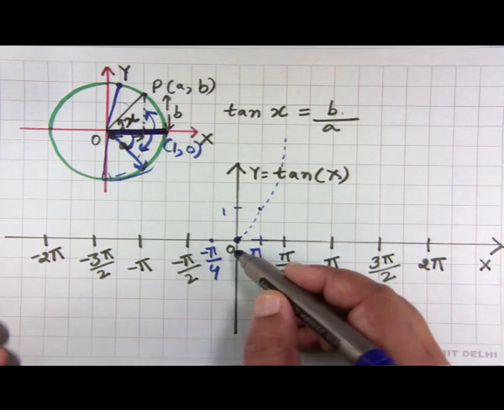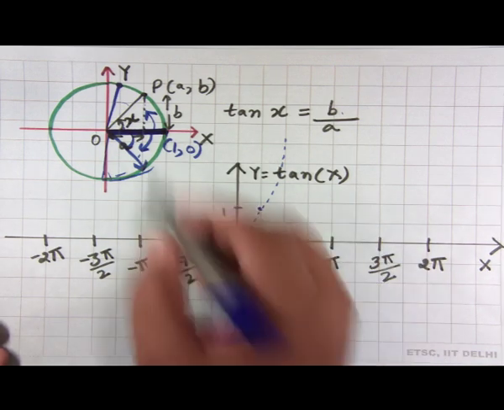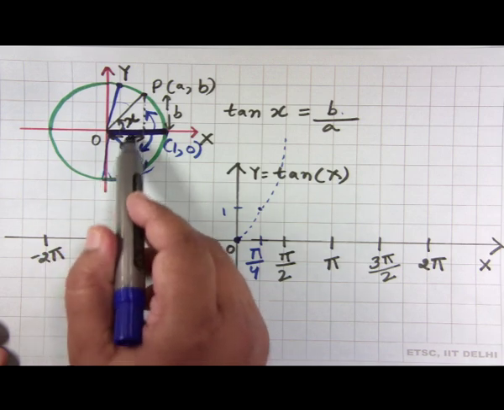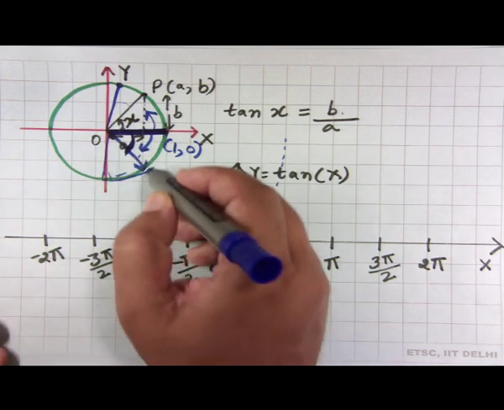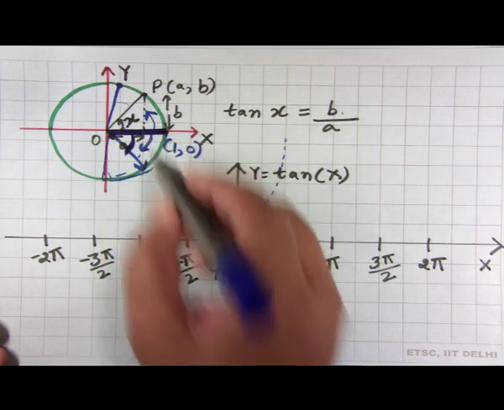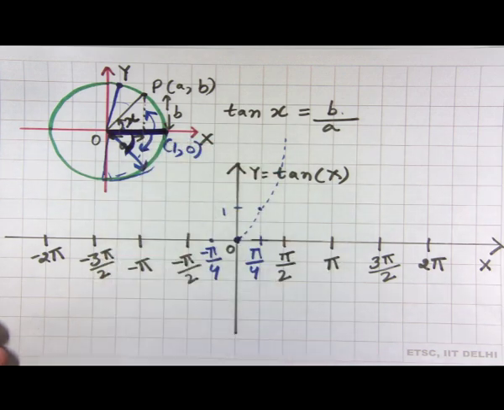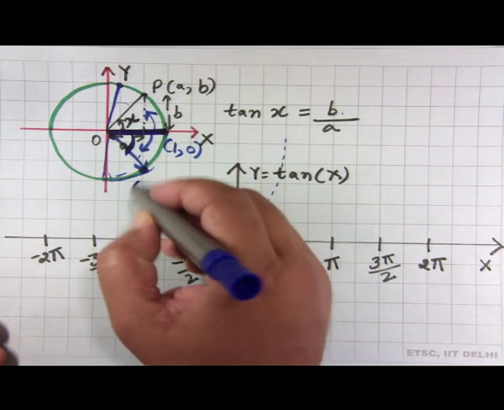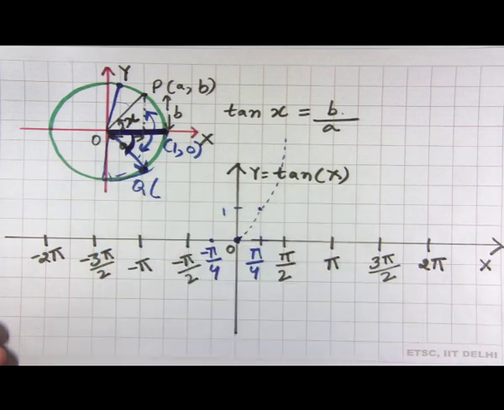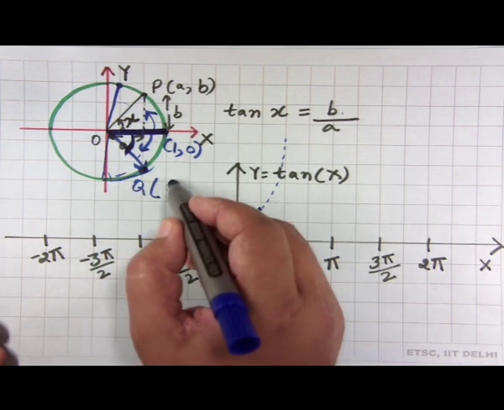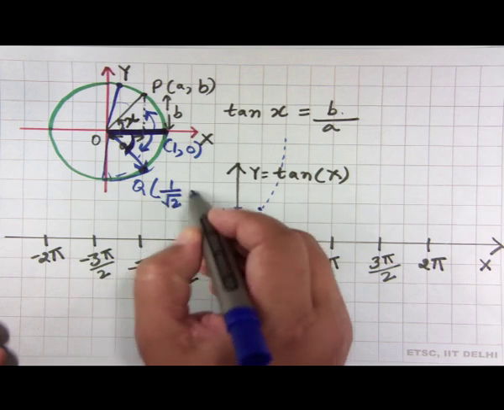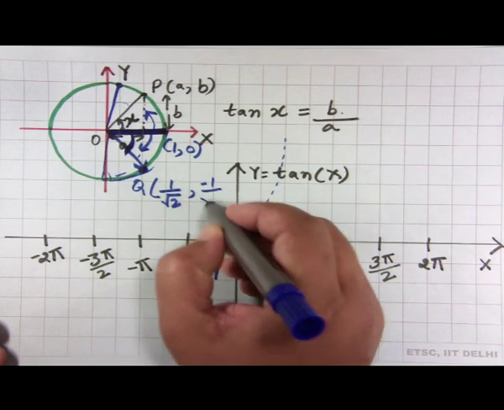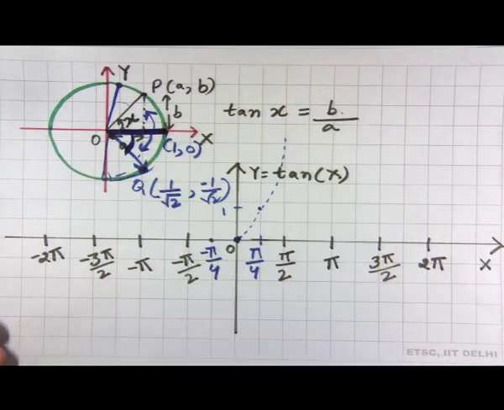If this angle is 45 degrees, then tan of minus 45 will be equal to minus 1, because if you see this point Q here, the x coordinate will be 1 by root 2, but the y coordinate will be minus 1 by root 2, because it is in the fourth quadrant.